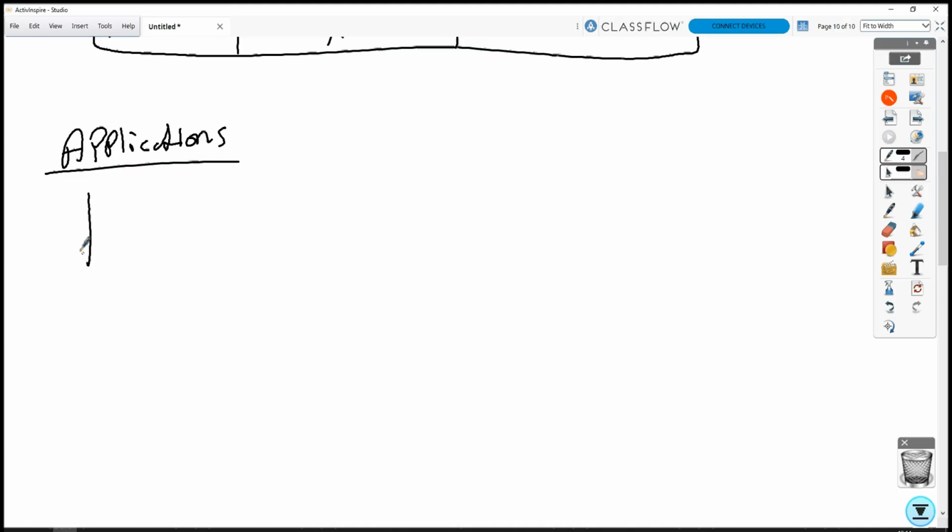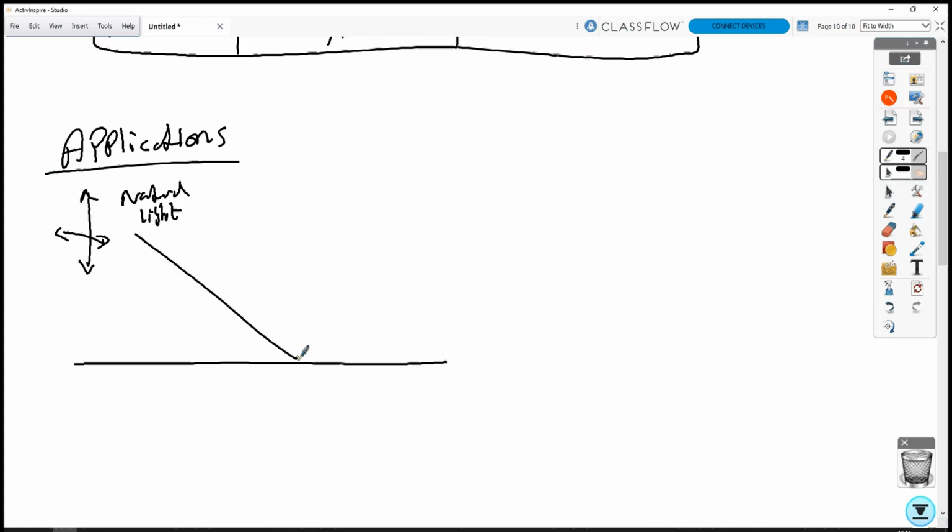So, if we have natural light here, which is unpolarized, as that natural light reflects off a surface, it becomes polarized. Reflected light is polarized.